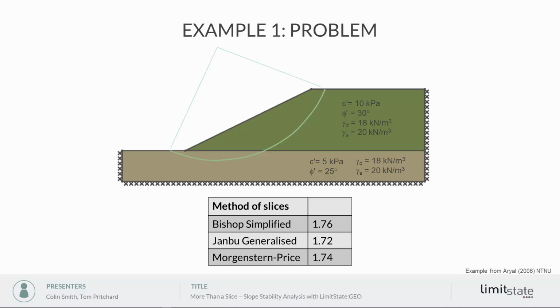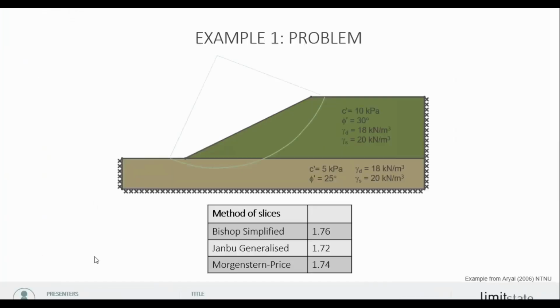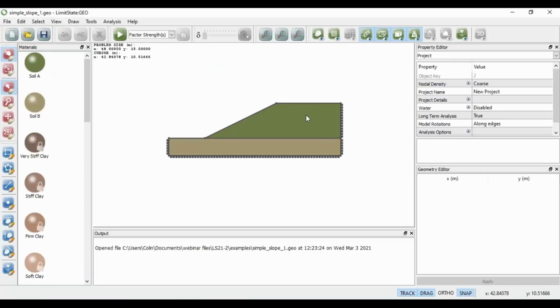And method of slices is generally going to be trying many different slip circles to find the optimal one, and the one here is pretty close to where we are. So we'll look at that in the LimitState GEO software. How can we solve that? So I'm just going to drag across a window, I've already opened that file.